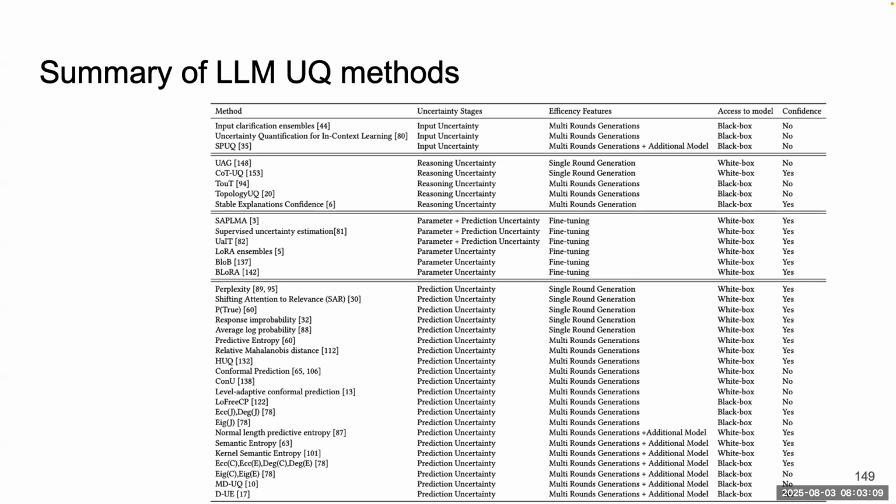So I have just a quick question. In the last section, the multi-round generations of prediction certainty, we have the black box and the white box. By black box, do you mean full access to the model, or just the probabilities, for example? In this method it's probabilities, but in the previous methods, some of them require full access to the model.